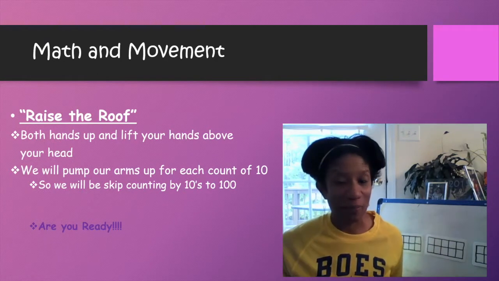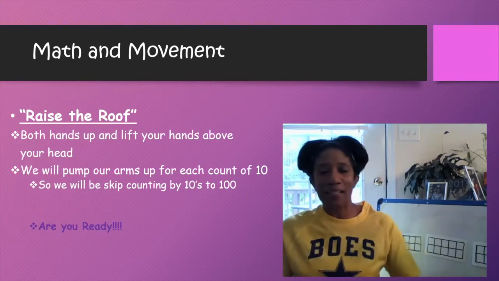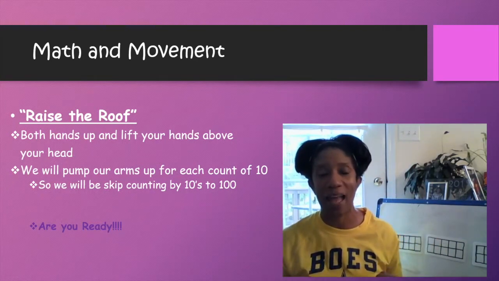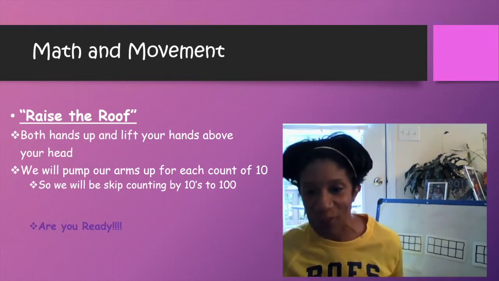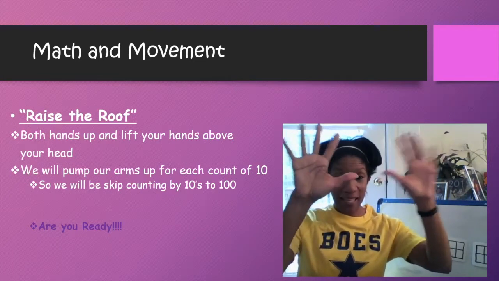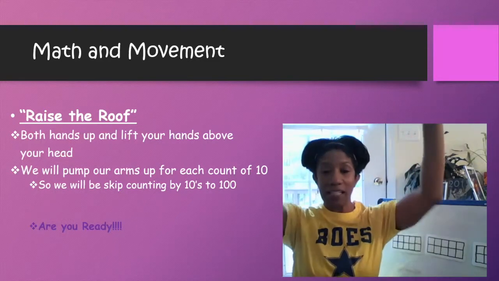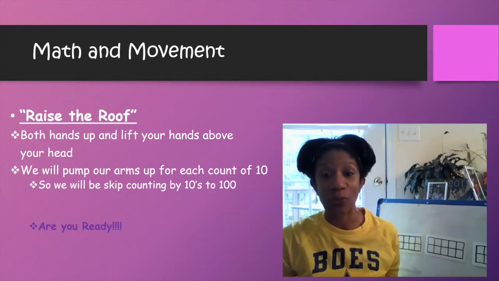So, of course, before we get started, what do we need to do? That's right, we've got to get our bodies and our brains all warmed up so that we're ready to learn more math. So today, what we're going to do is what I call raise the roof. Are you ready? You put both hands up and raise them above your heads, and we're going to count by tens all the way to 100.